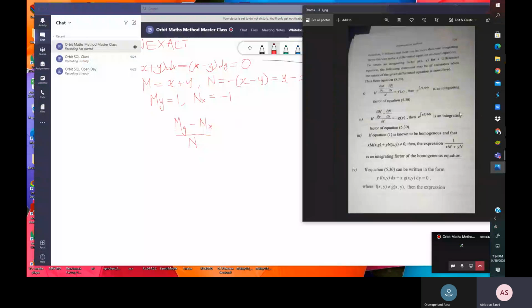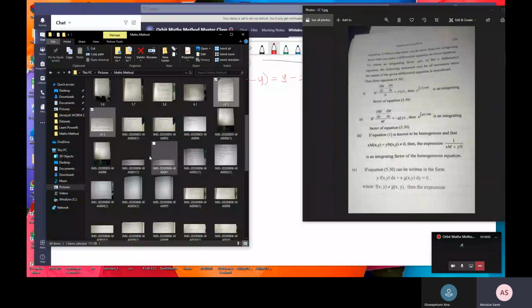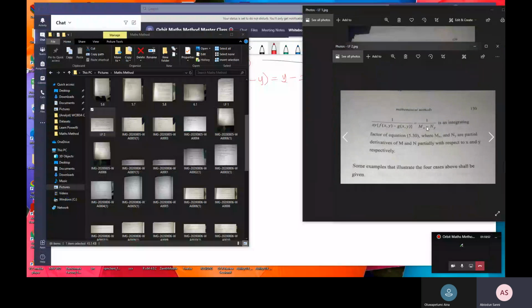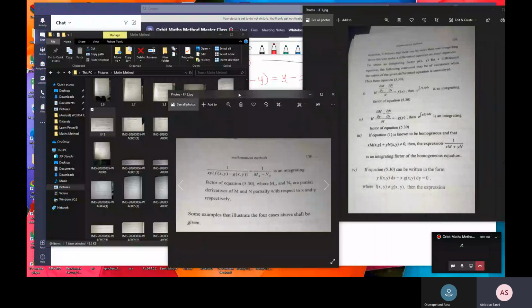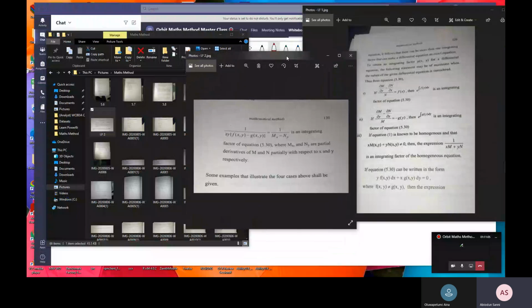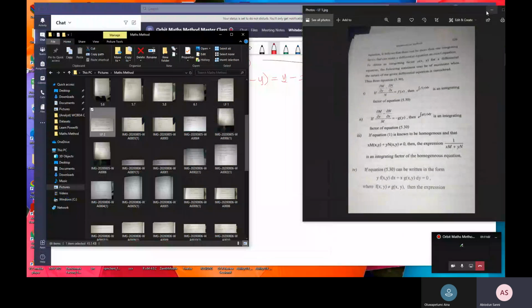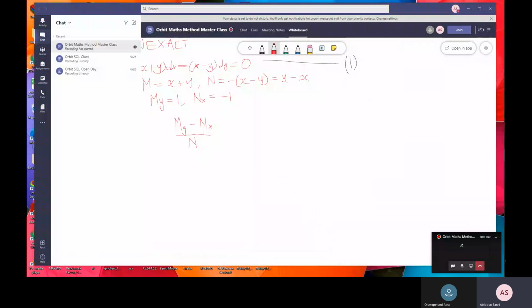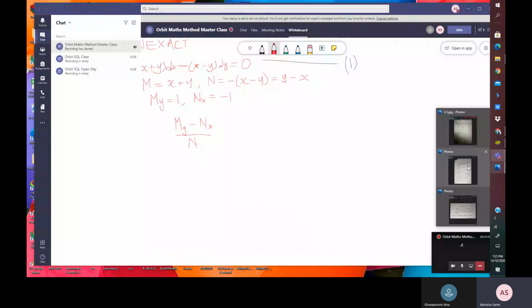Let me check. Where's the next one? So let's check this guy. The given condition for 4 is this one, but it is still not satisfied. So the condition is not satisfied. But if you look at the problem, what is it saying?